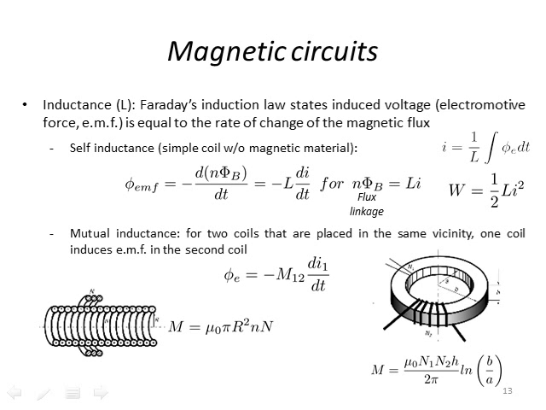And then the other mutual inductance is if you have a magnetic material and you're going to drive this with, let's say, N1, and you're going to read out with N2. So the mutual inductance between these is going to be N1, N2, H, which is the height, divided by 2 pi natural log B over A, which is the difference in the radii of the magnetic material.